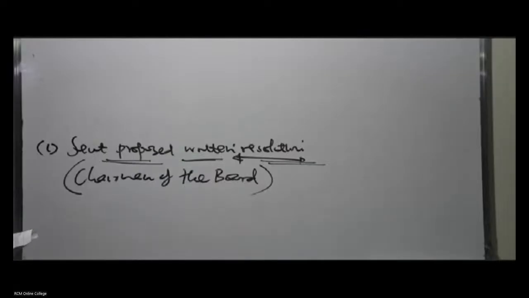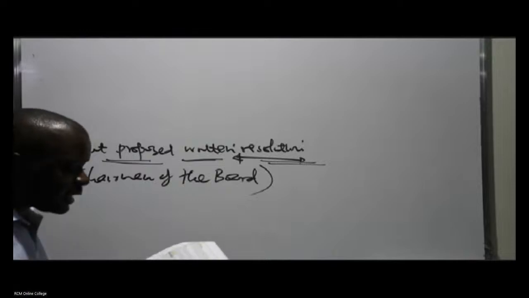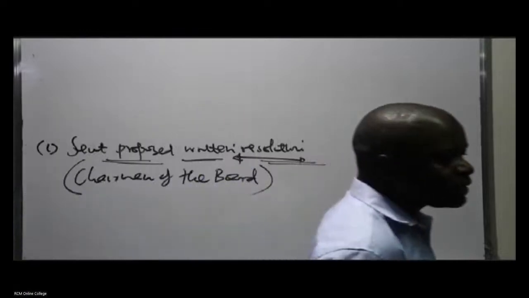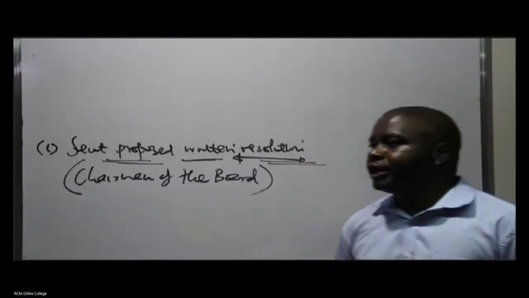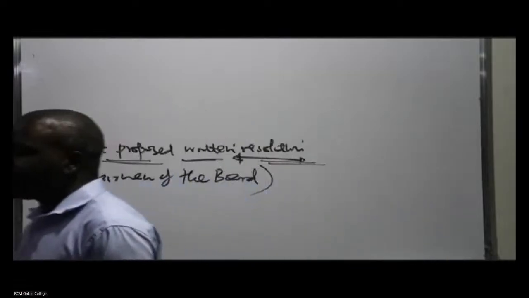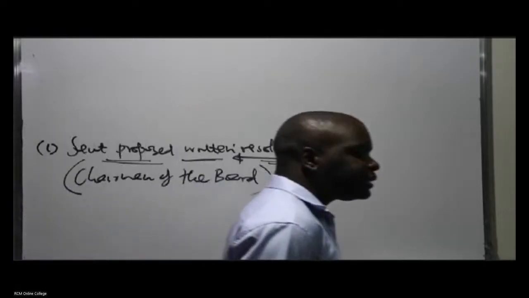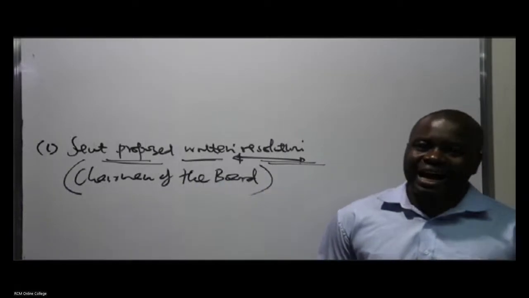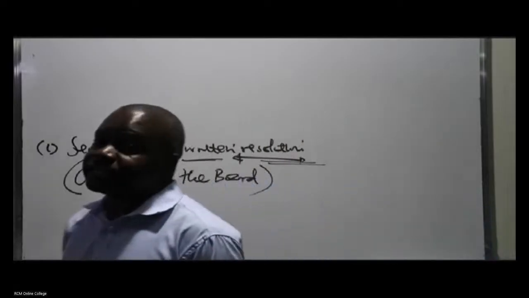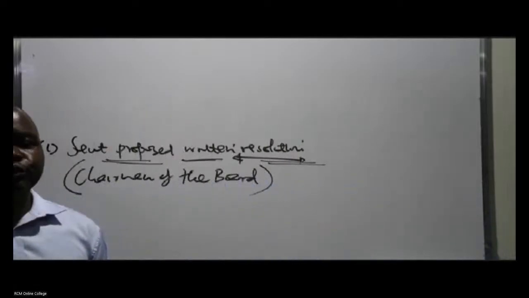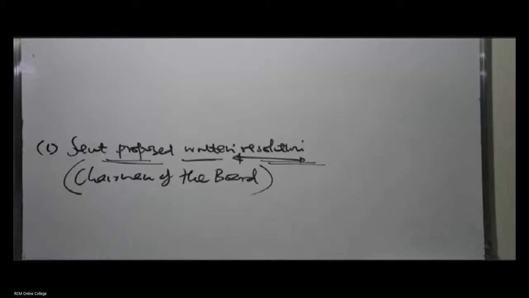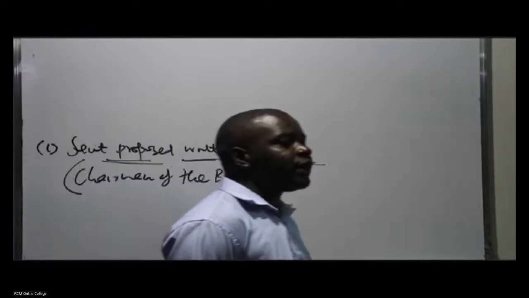Proxy. The right to be sent a copy of the company's annual financial statements once they have been approved by the auditor. That is, the auditor has already given out his report, his opinion. So the audited financial statements, before we convene at the AGM and approve them, you as a member of the company are entitled to get a copy of these annual approved or audited financial statements.